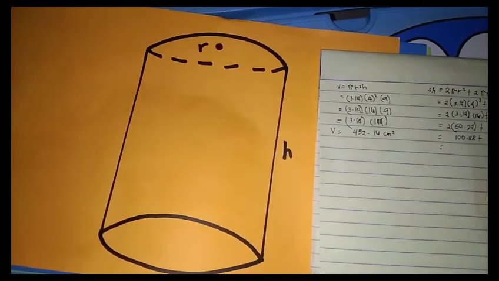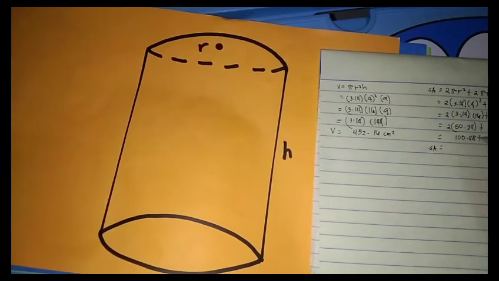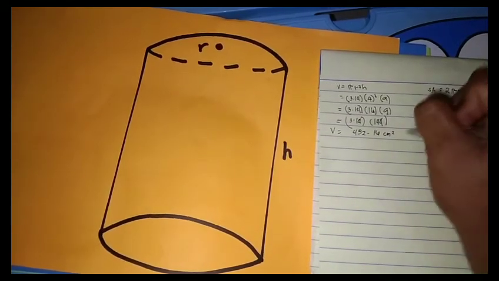To get the exact value of the surface area of a cylinder, we need to add 100.48 to 226.08 to get the exact value of 326.56 centimeter squared.